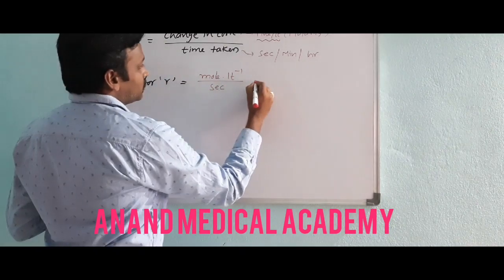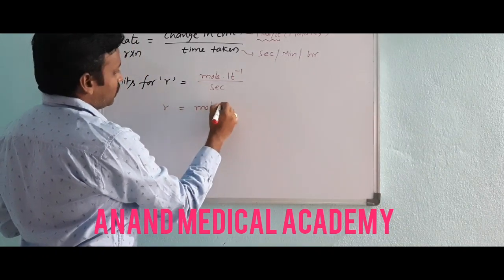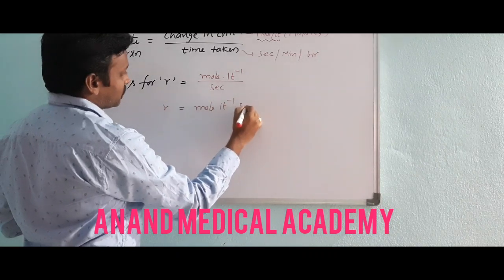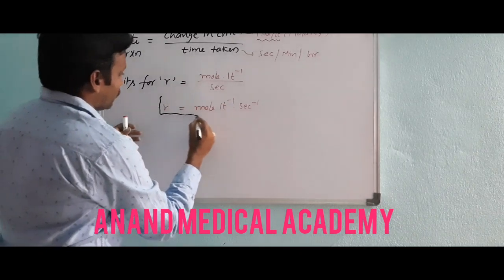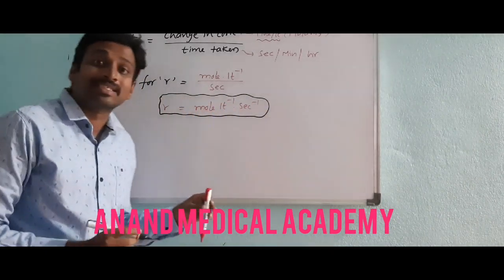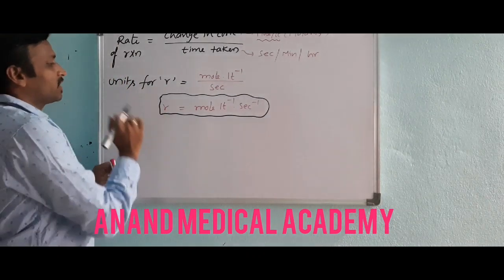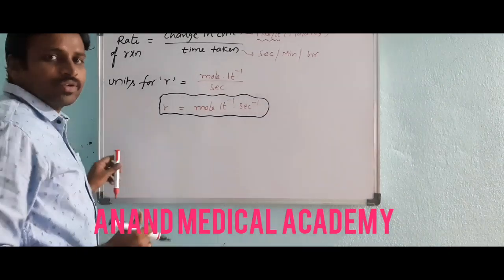So what will be the units of rate? Therefore you can say mole liter inverse second inverse. So R is equal to mole liter inverse second inverse. This is the rate of reaction and the units you have.